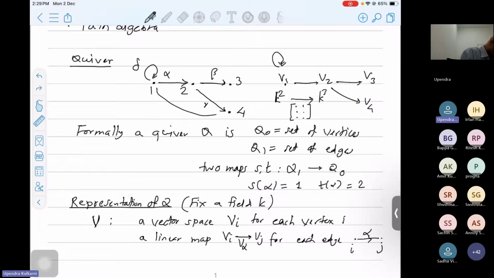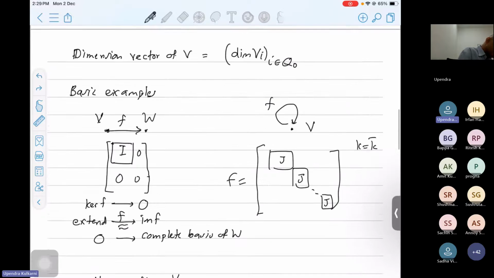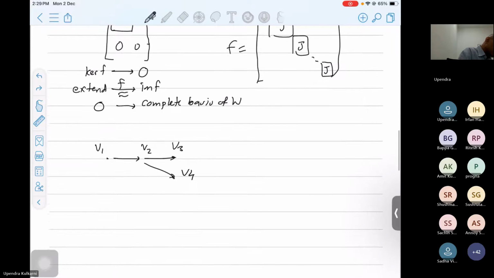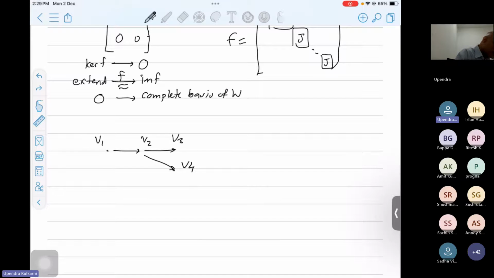However, if I reverse the orientation and I delete delta, then this is going to be an acyclic quiver for us, and we will focus on these for much of our discussion. But anyway, back to the notion of isomorphism of representations.